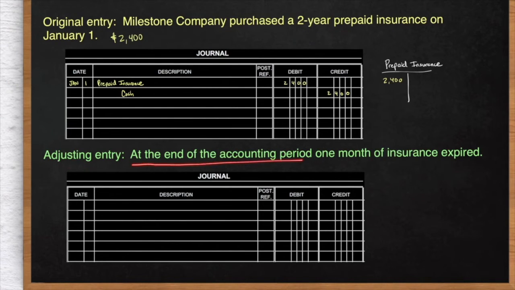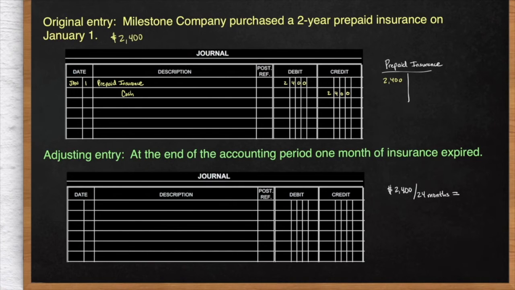So we fast forward to the end of the month. And at the end of the month, 1 month worth of insurance has expired, meaning the company had 24 months of coverage, right? 24 months, 2 years. But after 1 month, 1 month of insurance is no longer existing because a whole month passed by.